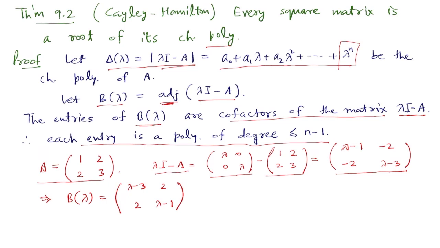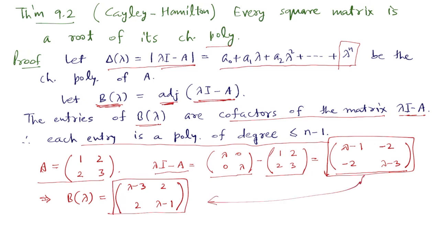And what we are taking, B lambda as adjoint of lambda I minus A. So here in this example, B lambda will be adjoint of this 2 by 2 matrix, and that adjoint turns out to be this matrix. If you take the adjoint of this matrix, we will get this one. So B lambda is this one.